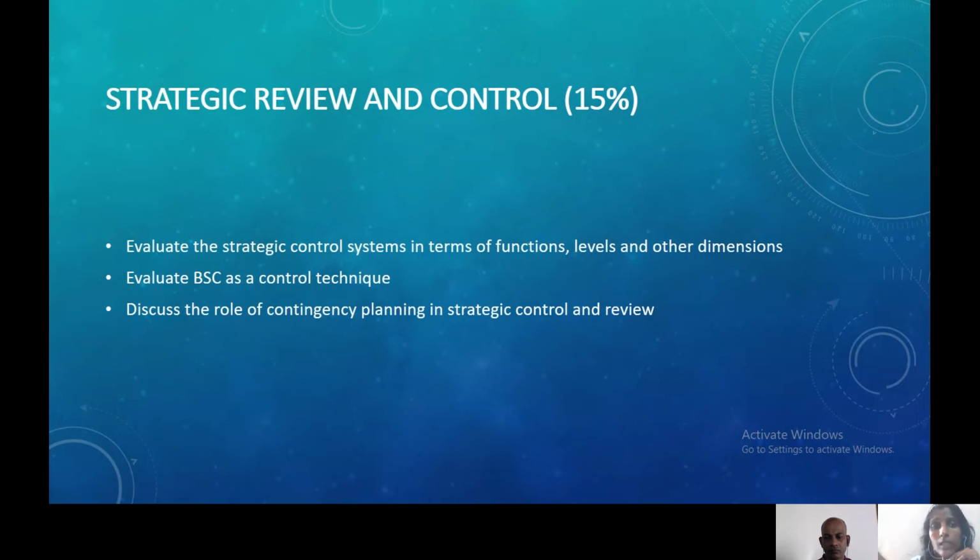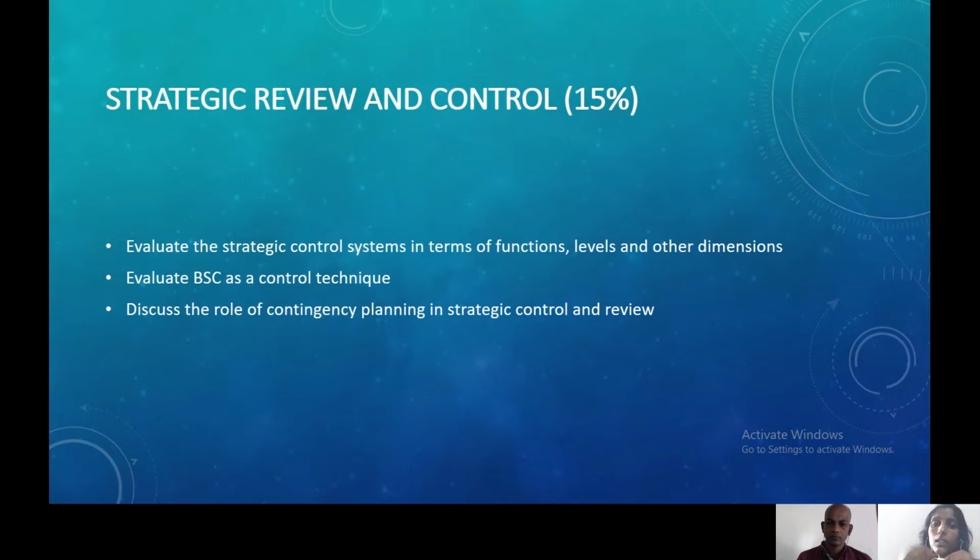So here we are learning the functions, levels, and other dimensions of strategic control systems, and also the balanced scorecard. The techniques, as I told you, are not just concepts. It tells you how to do it, what you can do. That's the beauty of this subject, right?